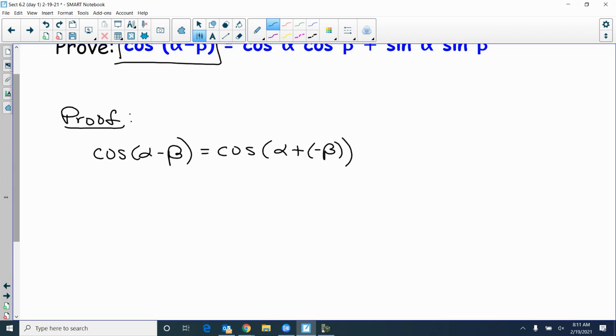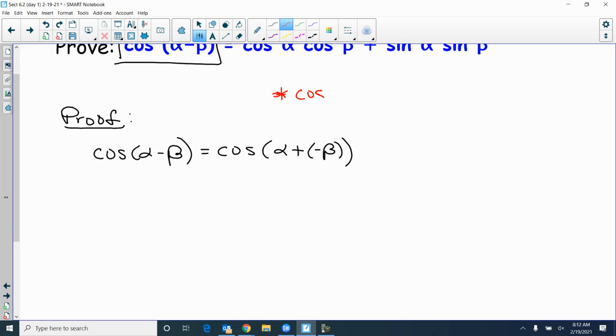Okay, we know from this big, long proof what the formula is for a sum, adding two angles. Now this isn't part of your proof, I'm just going to put this up here.